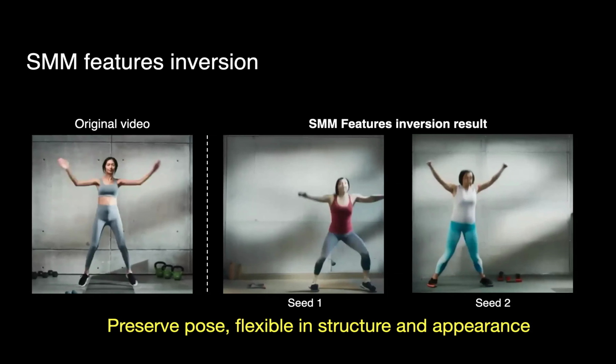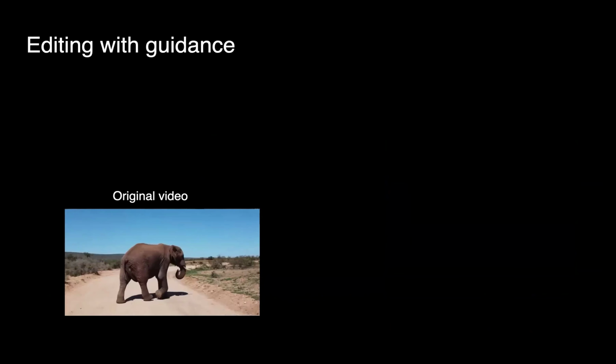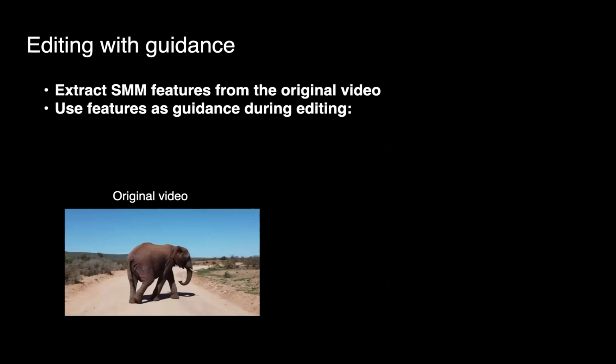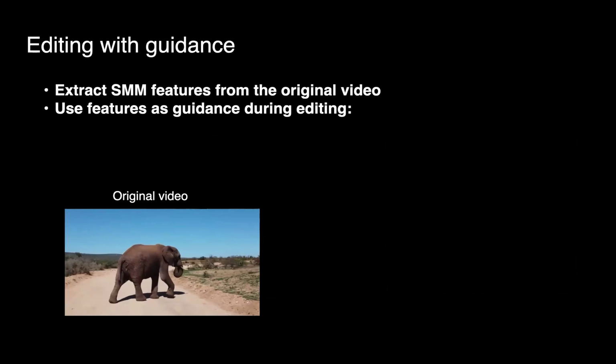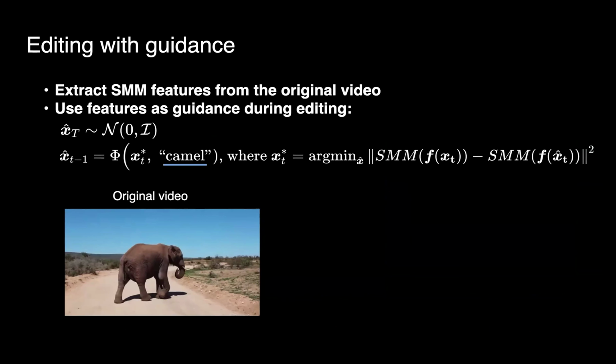Okay, so now let's use these features for editing. How will we do that? We'll take our original video, extract those SMM features from it, and then use them as guidance during the sampling process of the edited video, okay? So now we are using classifier guidance.